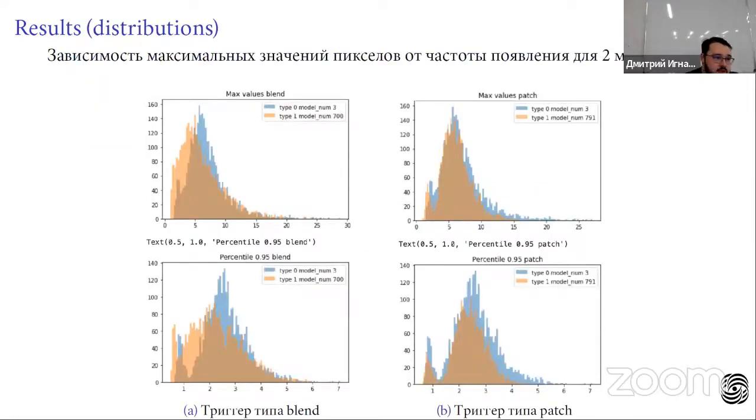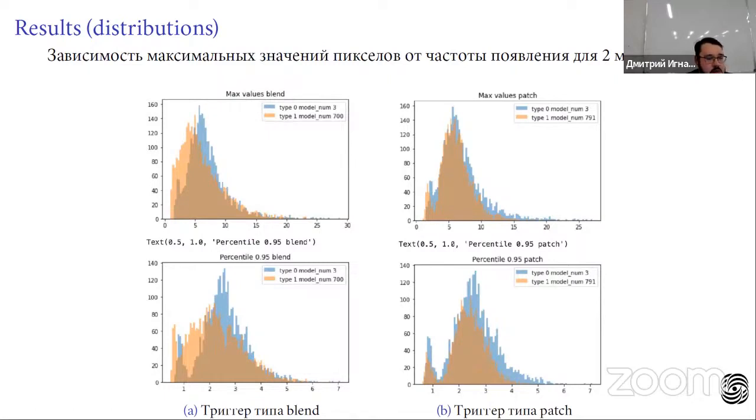Here are the details. You see four histograms. On the left side, there are the blend type Trojans. On the right side, patch type Trojans. As you can see on the left side, the blue distribution and the orange distribution are quite different.